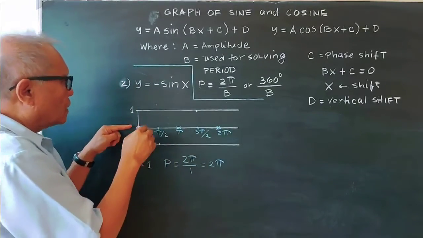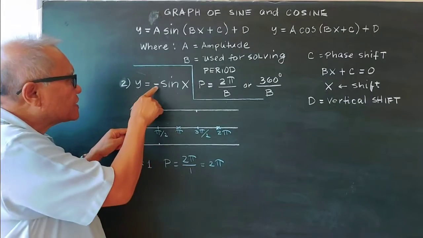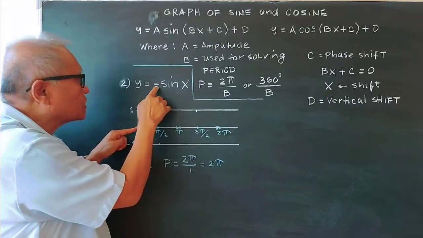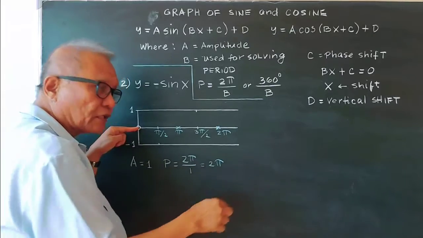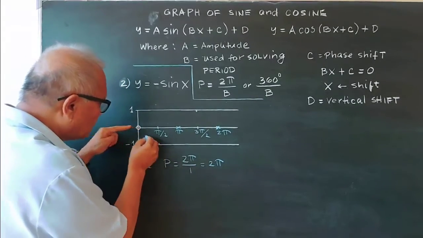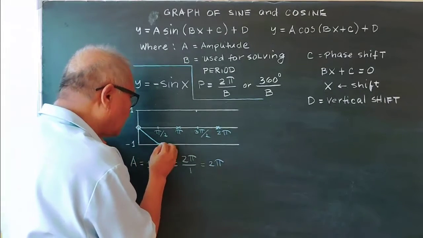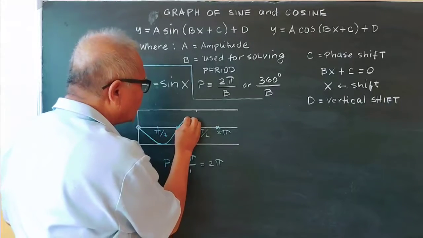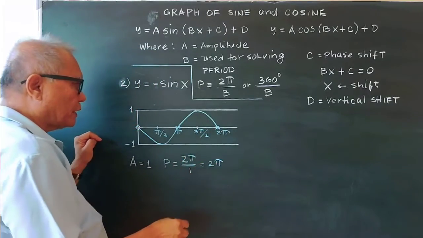So the sine starts on the 0, but this time it is negative. So we cannot go up because that is negative. So we go down first, from the 0, not from the negative 1. So from here we go down because that is negative, and then here, and then there, and then the 2 pi.